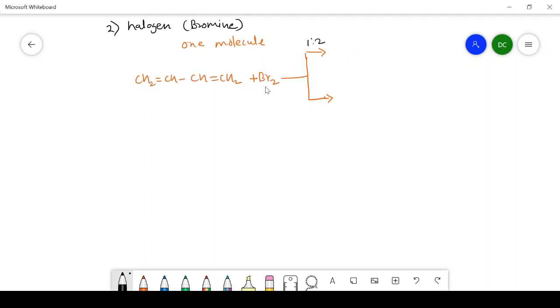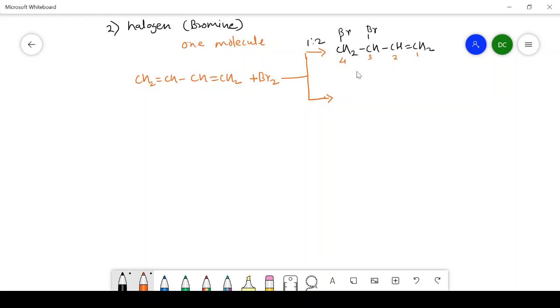From this Br2, one Br is going to add with this CH2Br, then the second is attached here and the remaining double bond as it is. I will assign the numbers to this carbon first, second, third, and fourth.